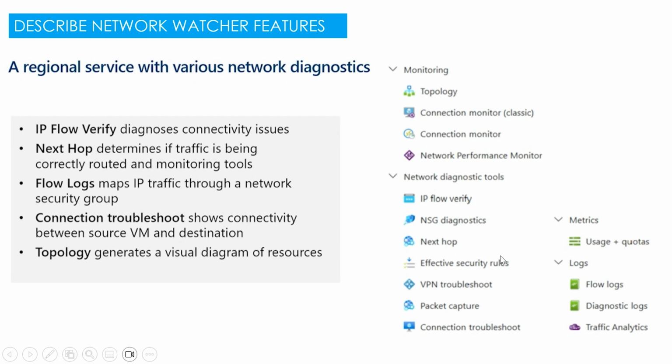So at a very high level, Network Watcher is a regional service, and it has multiple sub features and components which will help you to observe and monitor various endpoints, and it will help you to address any specific connectivity or performance or latency issues between two different endpoints or between your systems, and you can quickly change the aspect.